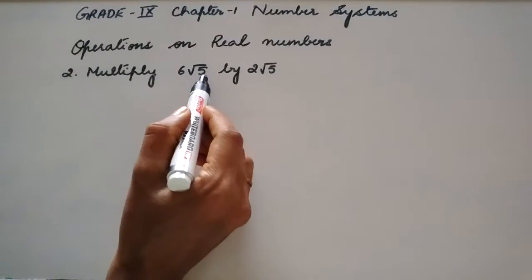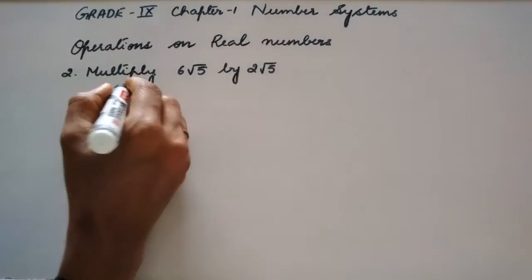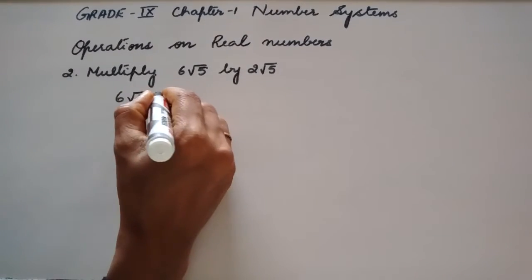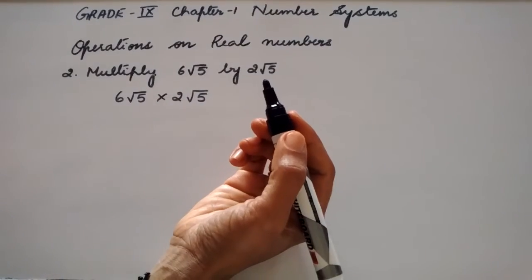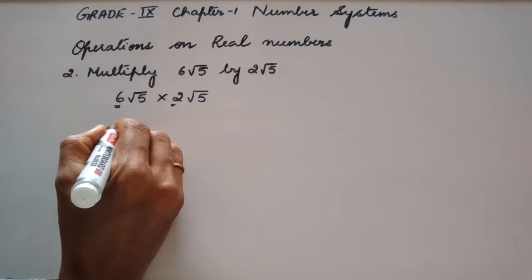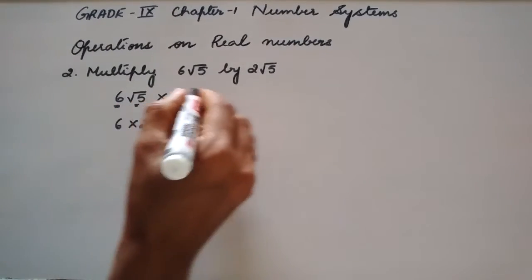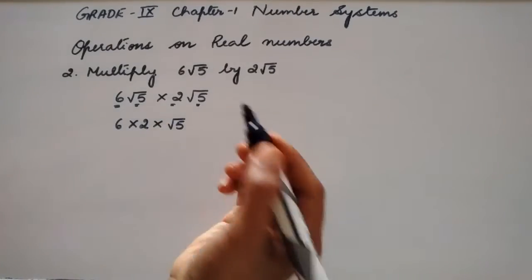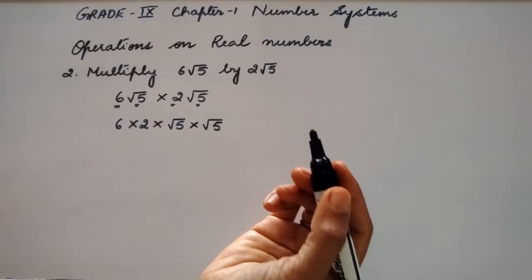Multiply 6√5 by 2√5. So let us multiply these numbers: 6√5 into 2√5. Let us write these numbers first: 6 into 2, and then the irrational numbers, √5 into √5.